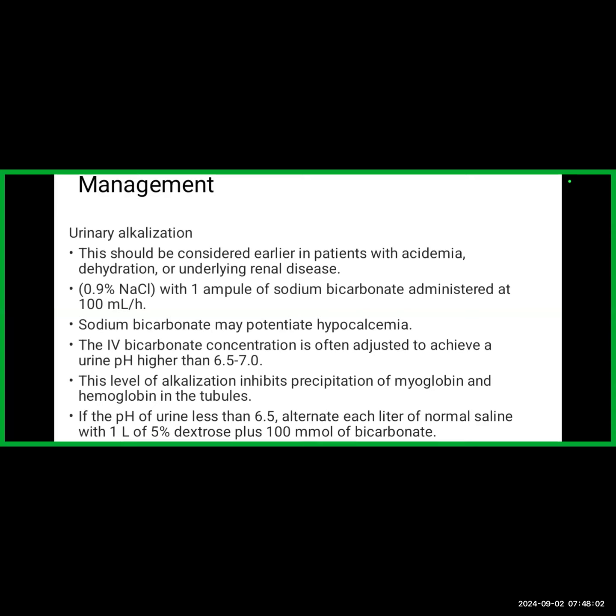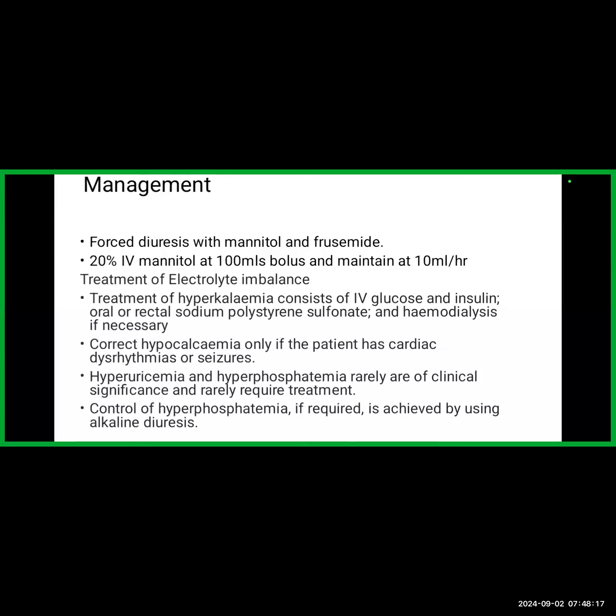Your aim is to ensure that you get a urine pH which is more than 6.5 with the use of these bicarbonates so that you can alkalinize the urine. Next slide, please. And then for the forced diuresis, after you have adequately hydrated the patient, I need to emphasize that.